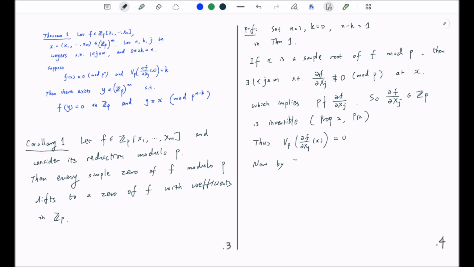Now by theorem 1, we can conclude that there exists a zero y of this f over Zp.